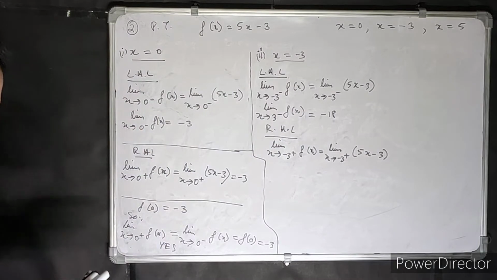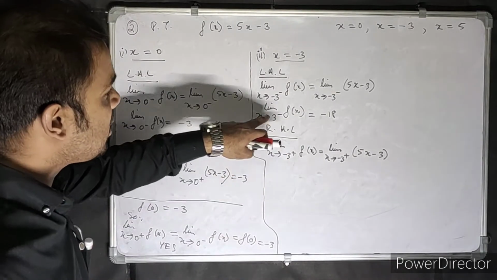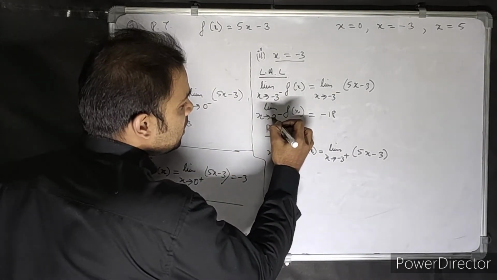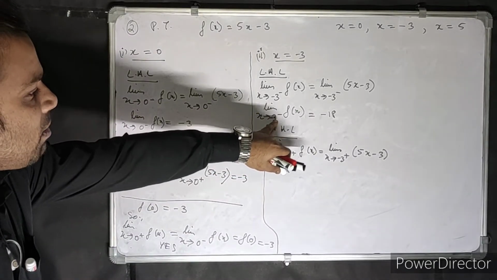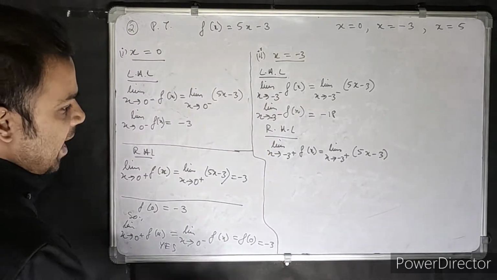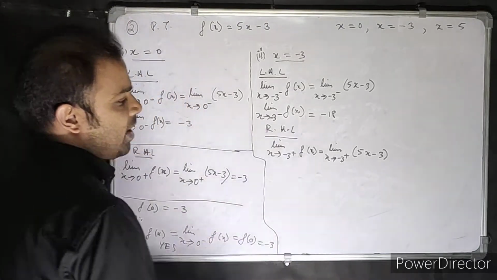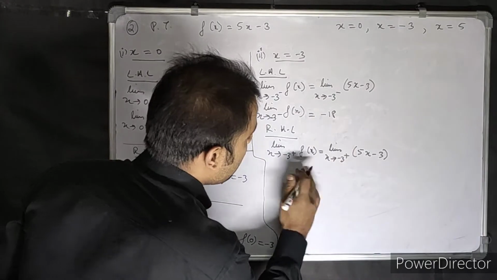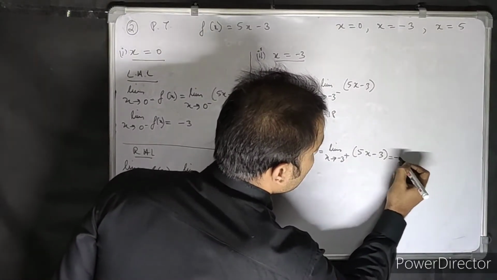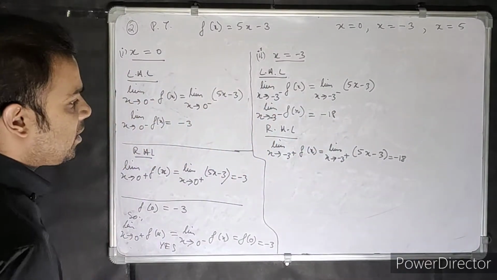Now you all might be saying that I said don't put minus 3, but it is minus 3. It's not 3. It's approaching minus 3 from the left hand side, and it's approaching minus 3 from the right hand side. So you have to put minus 3 when minus 3 is given. So put minus 3, again you're going to get minus 18.